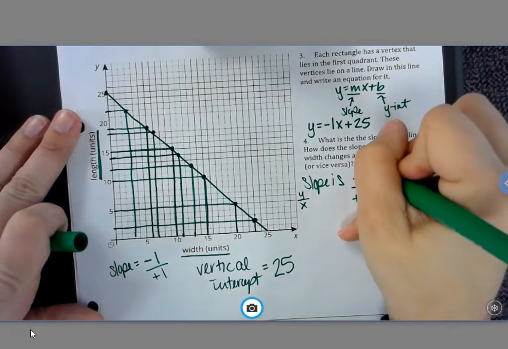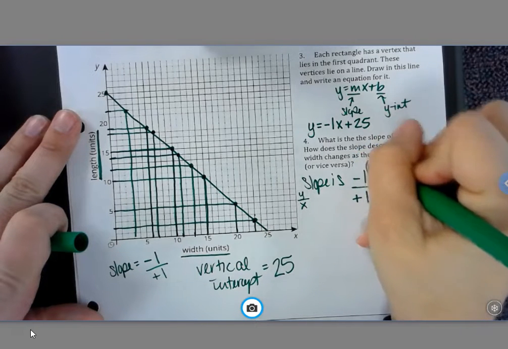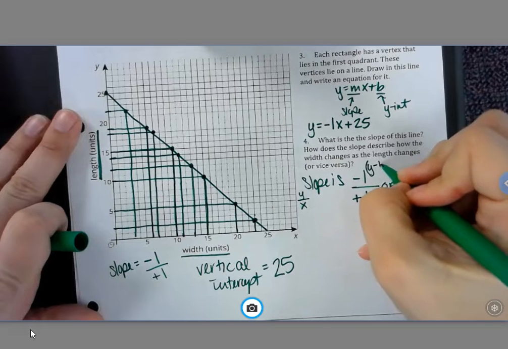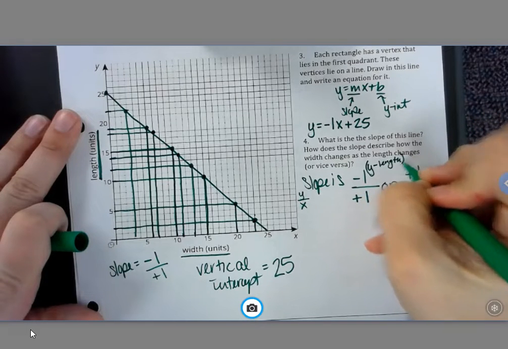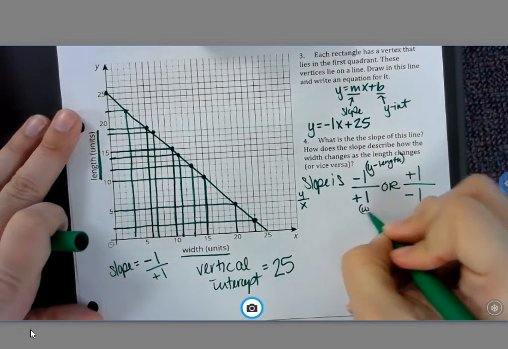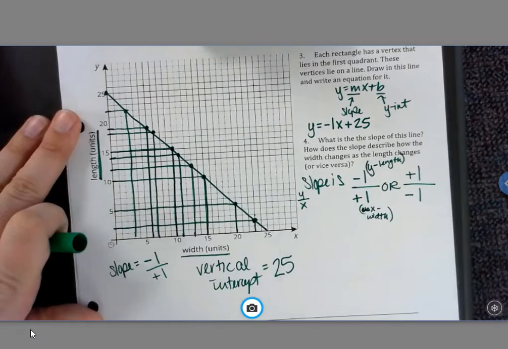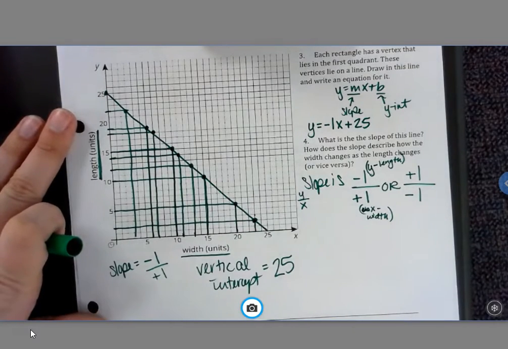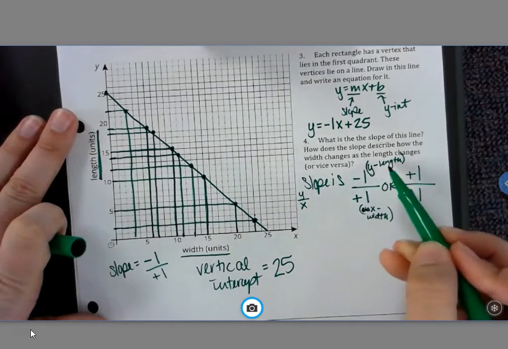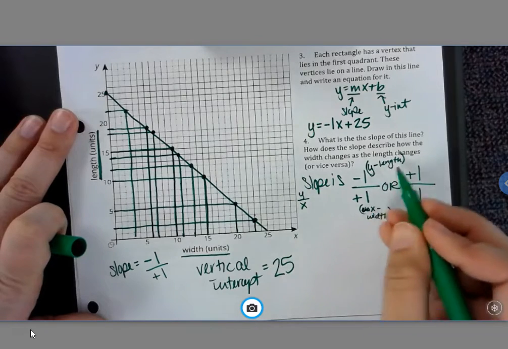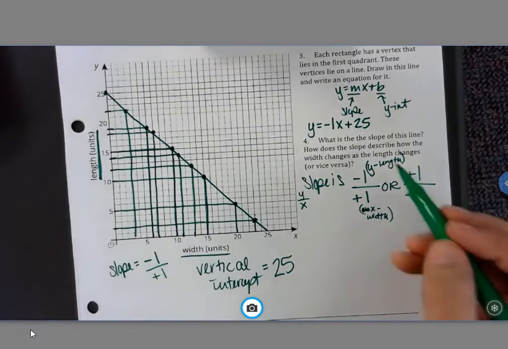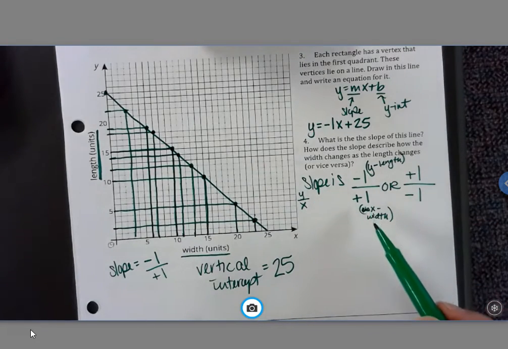So over here on top, if we have y, that's going to be our length. And over here, if we have x on the bottom, that's going to be our width. So if we're talking about the lengths of our rectangle, what this is saying is if I take 1 from the length of my rectangle, I have to add 1 value to the width of my rectangle.